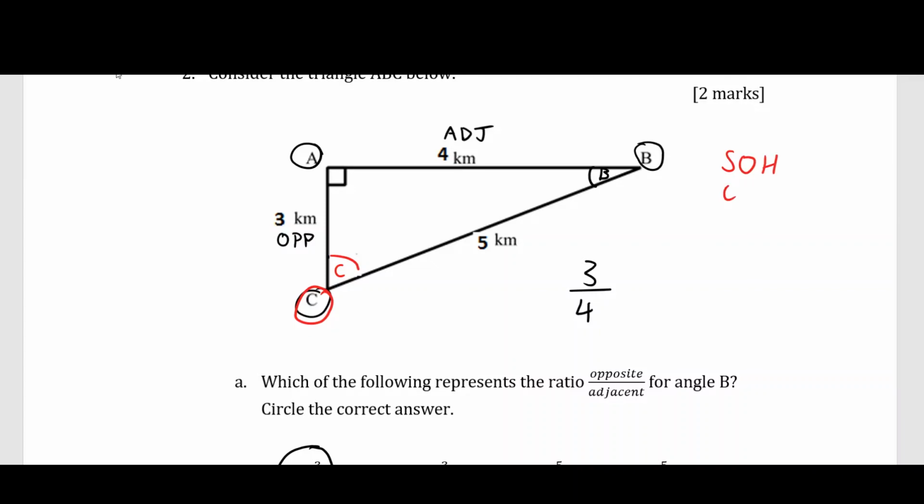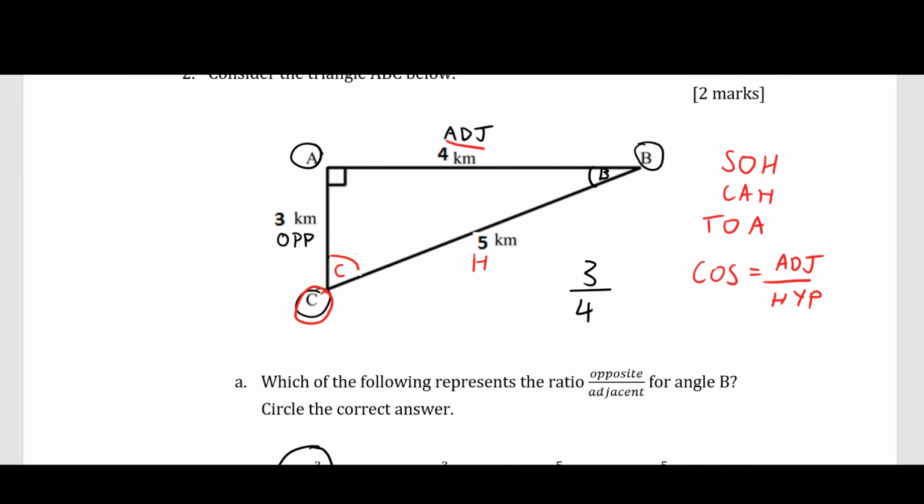So, soh cah toa. Okay. So cosine is adjacent over hypotenuse. All right, so here we've got the adjacent, and here's the hypotenuse.